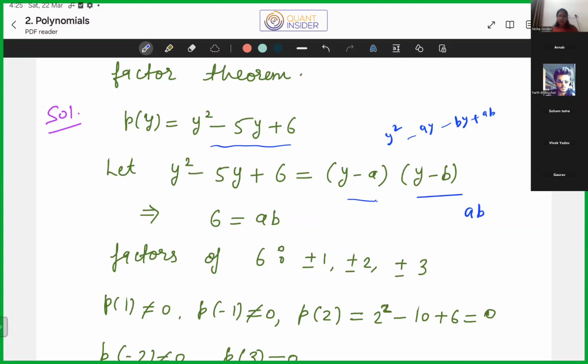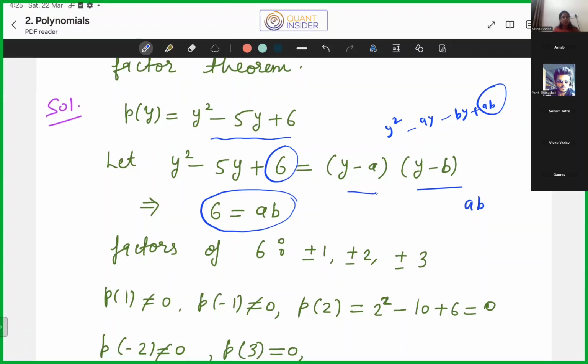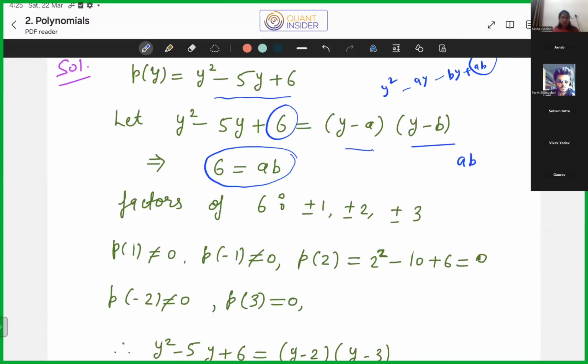So the constant term will be ab. And in our LHS the constant term is 6, so we can say that 6 equal to ab. Okay, now what are the factors of this 6? The factors of 6, including the negative numbers, are plus minus 1, plus minus 2, plus minus 3.